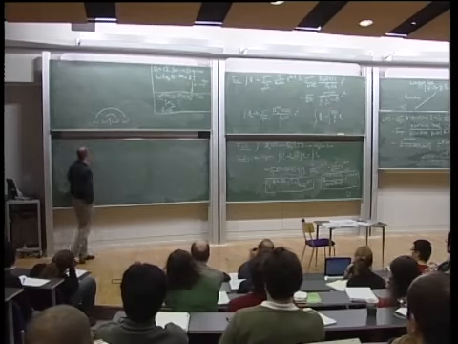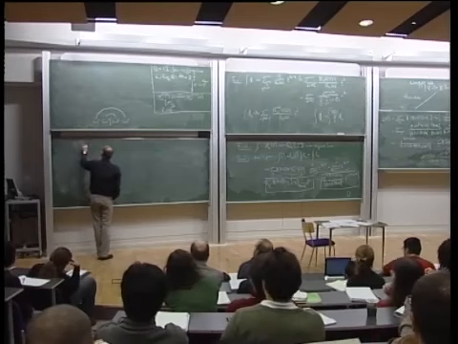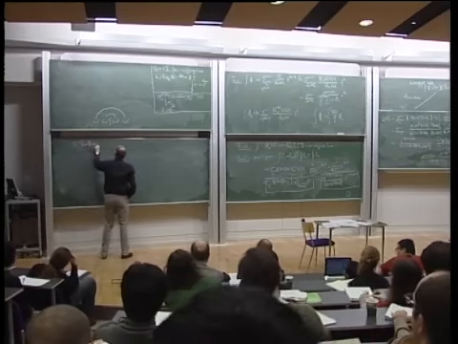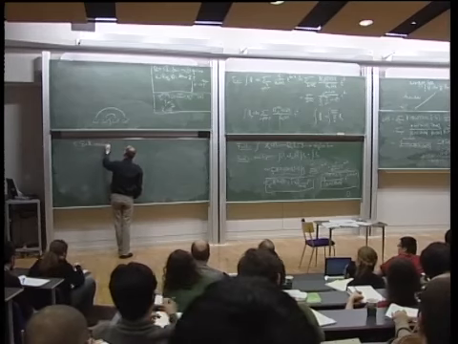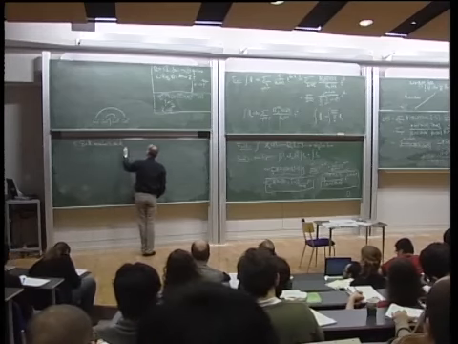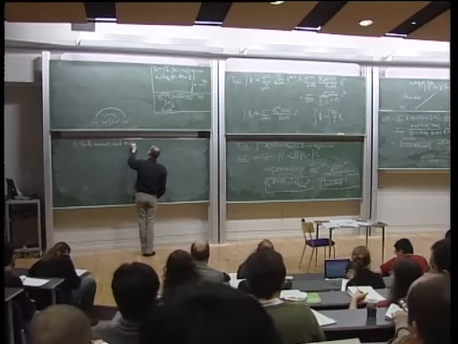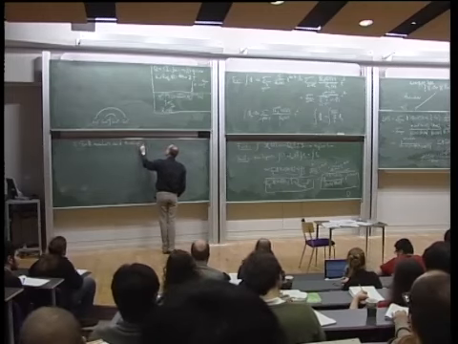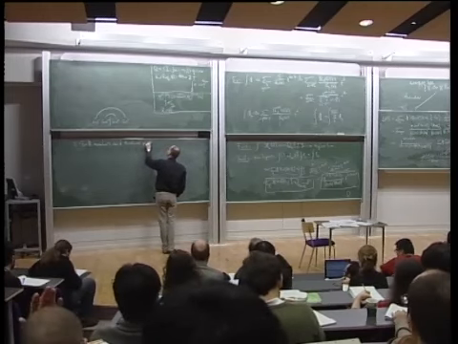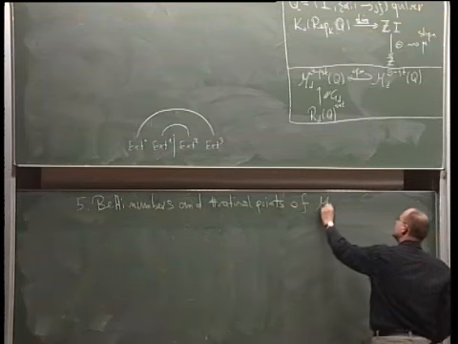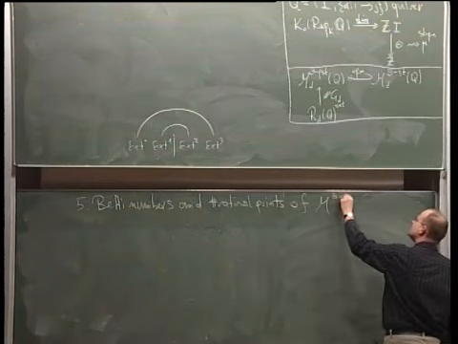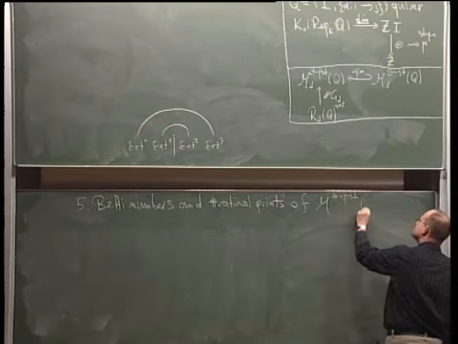So now to Betti numbers and numbers of rational points of these moduli spaces of theta-stables or polystables.